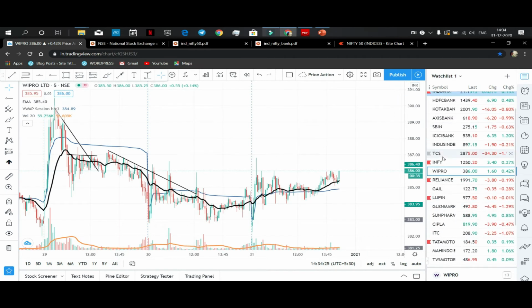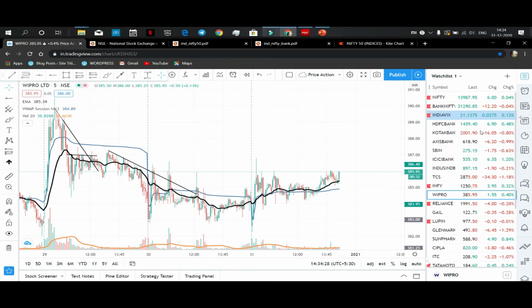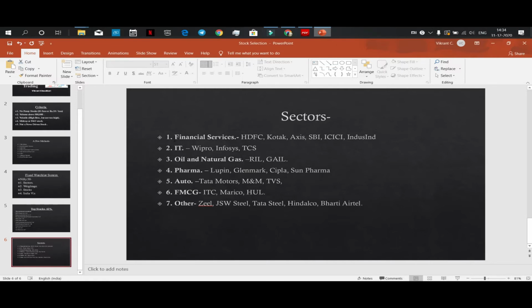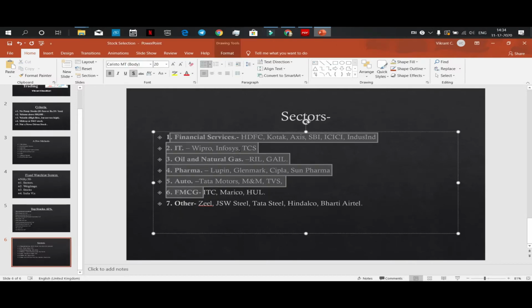Okay, so now I've added all these stocks in my watch list. Now I'm going to add indices, like we had seen in the PPT before. Like these are the few indices that I have to add on my chart.